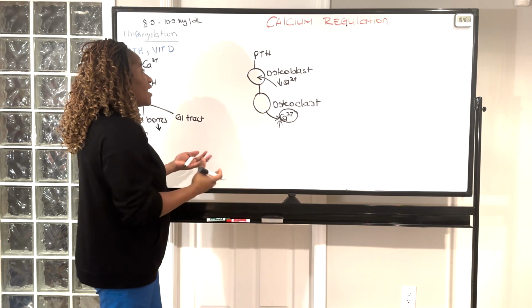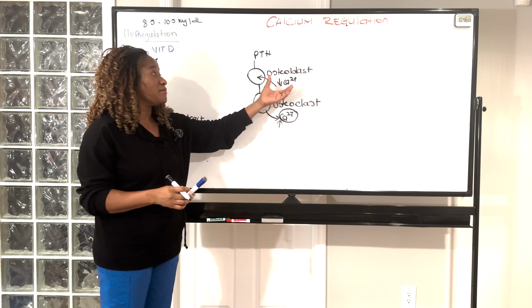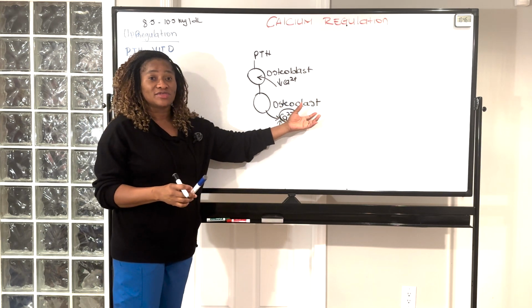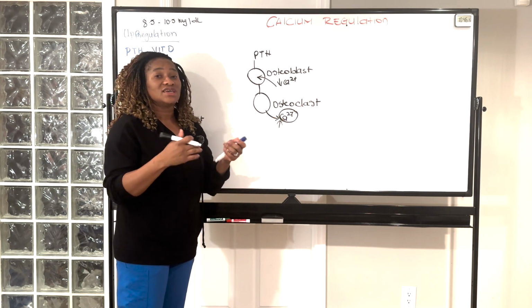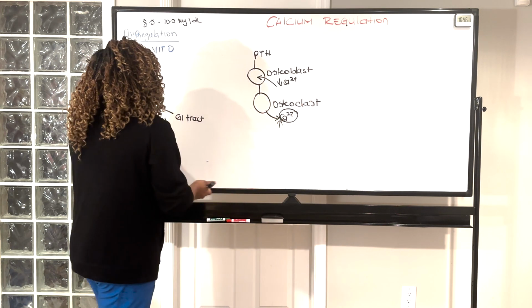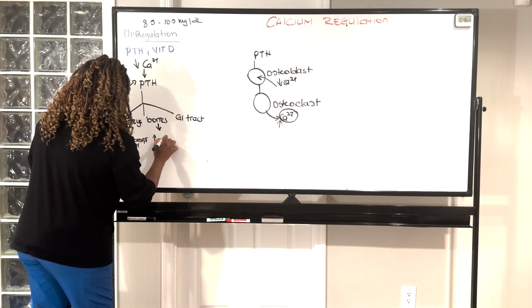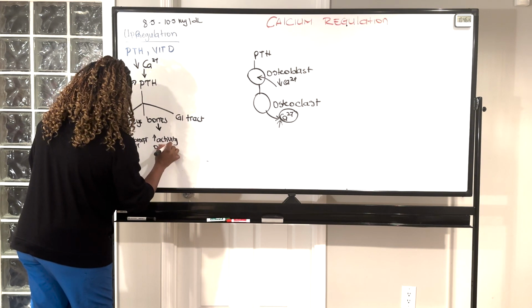So the indirect action is because it binds to the maker of the bone, the osteoblast, but actually the end result is the activation of the osteoclast to release the calcium into the blood, which gives us more calcium. So in the bone, increased activity of osteoclast indirectly.